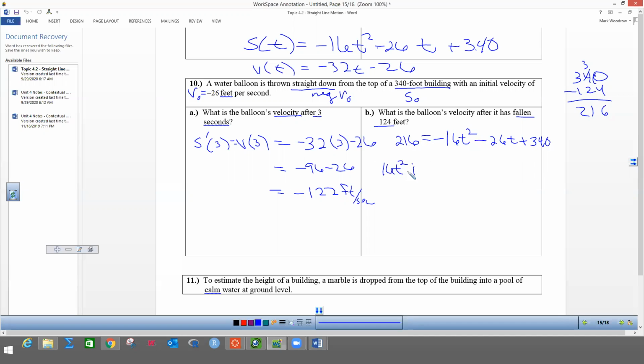I'm going to add 26t over to this side, and I'm going to subtract 340 over to this side, which I believe will be negative 124. 216 minus 340 should be that negative 124, equals 0. And it looks like 2 goes into all of this, so I'm going to divide everything by 2 to simplify my quadratic.